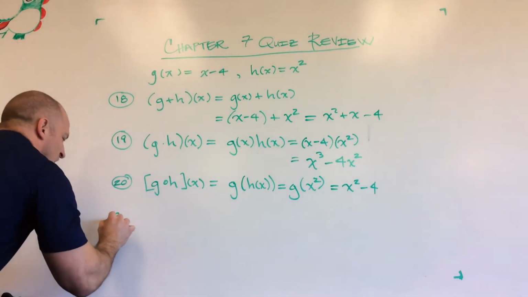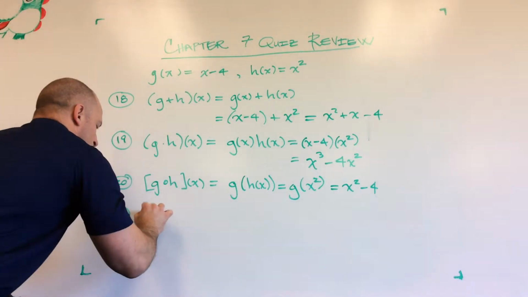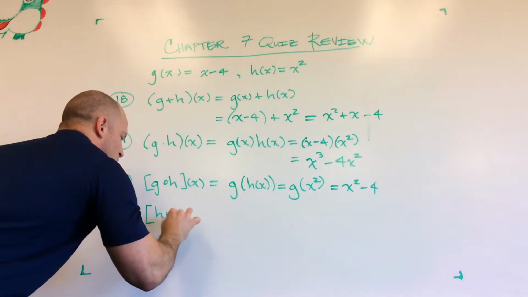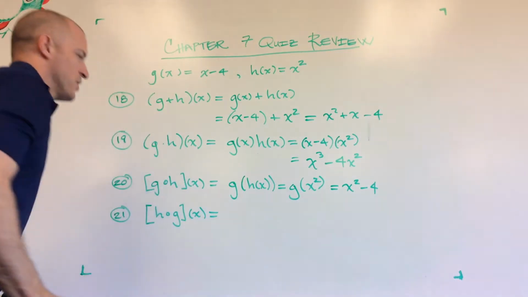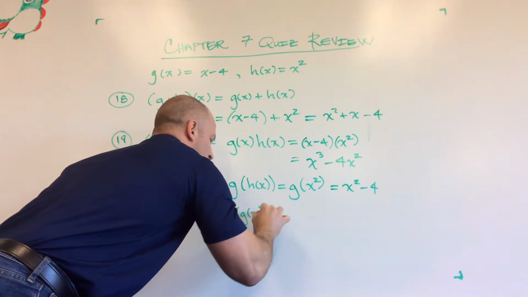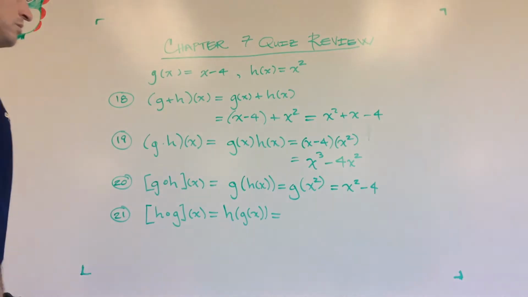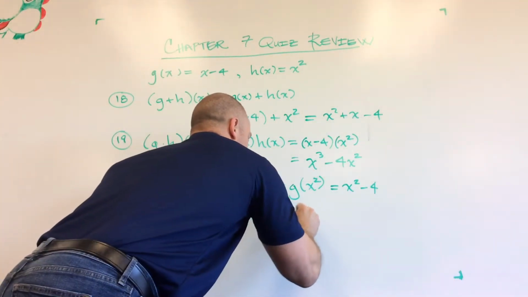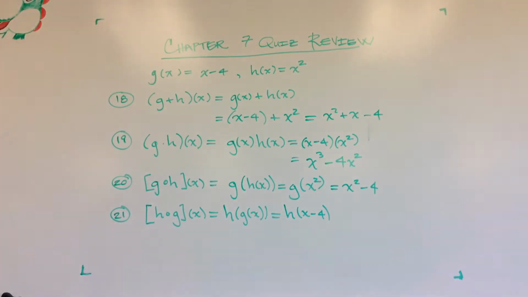21 asks for the other composition. It asks for the composition of h composed with g. So we're changing the order of composition. So that now says the function h will take the function g as its input. Well, g of x is x minus 4. So that says h is going to have an input of x minus 4 instead of just x.